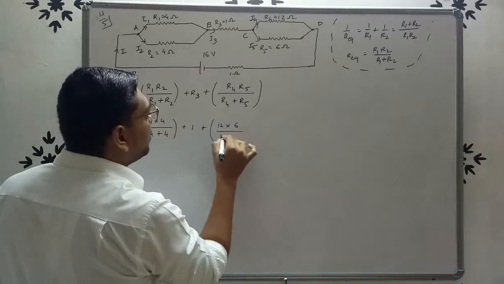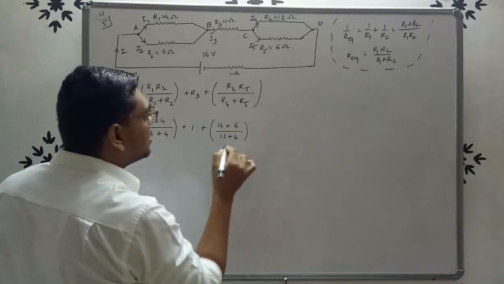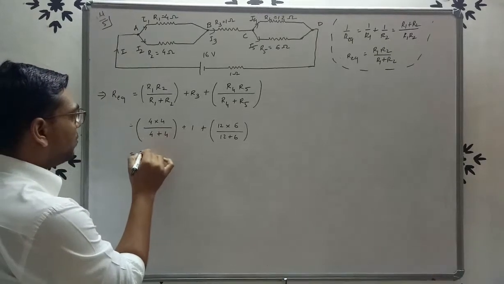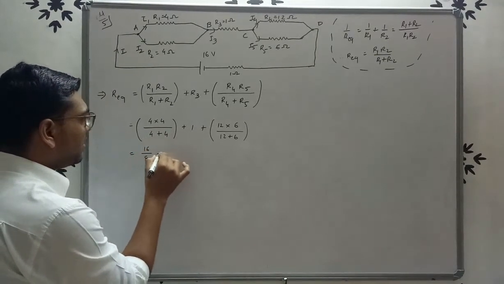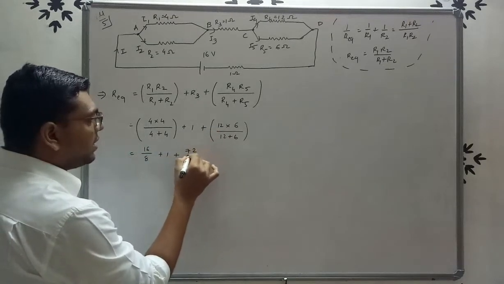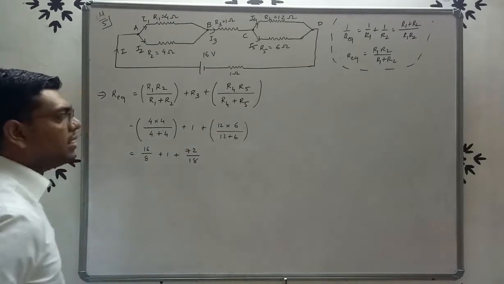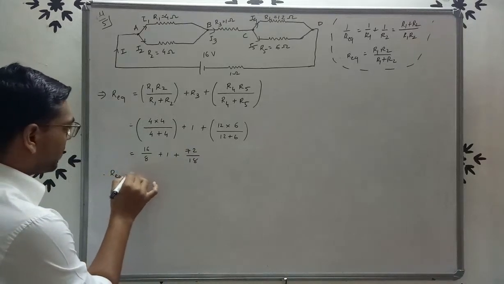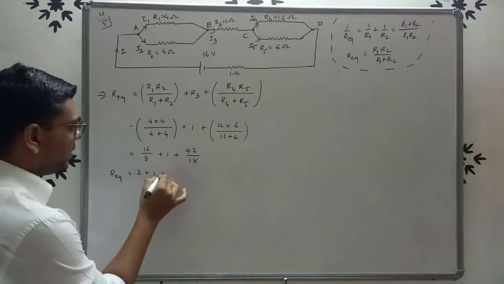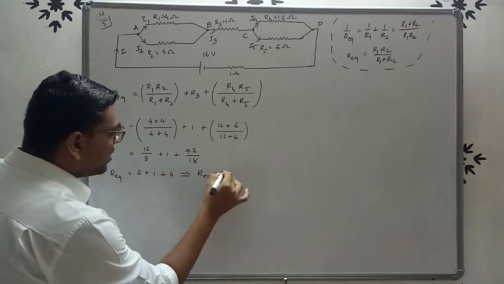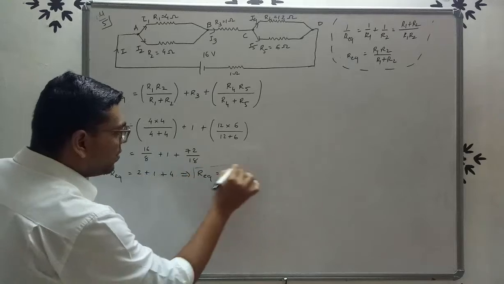6 upon 12 plus 6. So here 4 into 4, this is 16 by 8, plus 1, plus 72 by 18, right? So R equivalent will be 2 plus 1 plus 4, so the equivalent resistance will be 7.